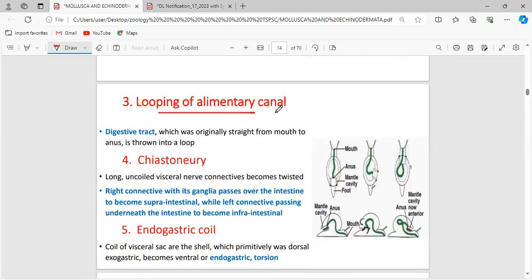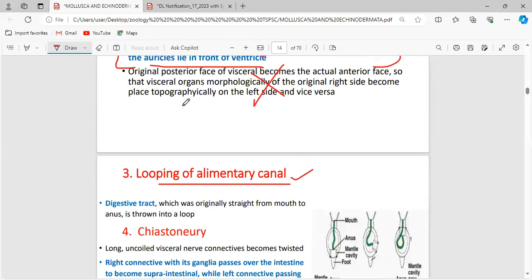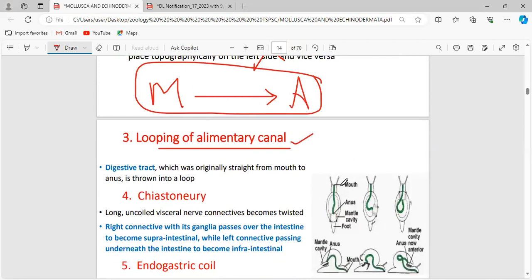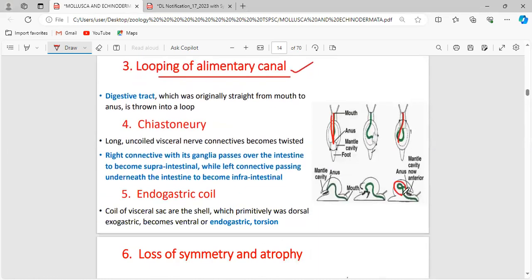Now, looping of the alimentary canal. We are saying this torsion will be occurring along the length from the mouth to the anus region. The entire alimentary canal or digestive tract will be shifting its position. And how is it shifting? See, initially it is in a straight line. Later it forms a loop. See, this is the loop.